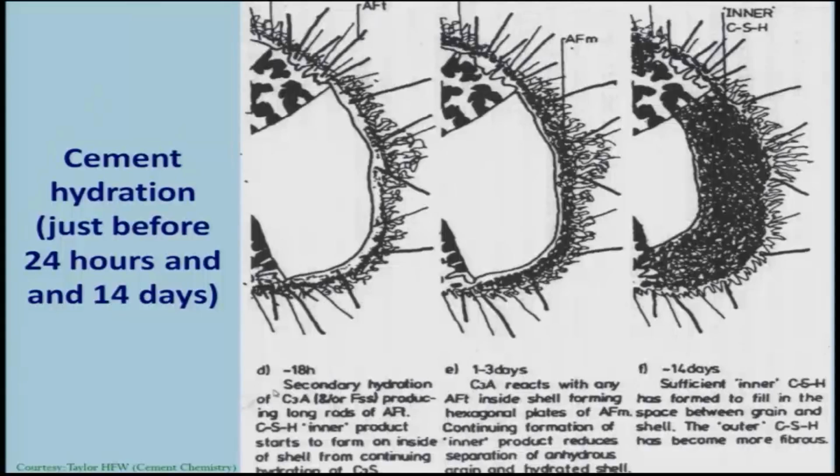Now, in the second, what you find is that approximately at 18 hours you find that AFt is shown as needles. You also have calcium silicate hydrate gel. You will also find that C4AF slowly starts reacting, and say between 1 to 3 days you will typically find all compounds reacting together at the same time, and at 14 days you see that the hydrated compounds become larger.